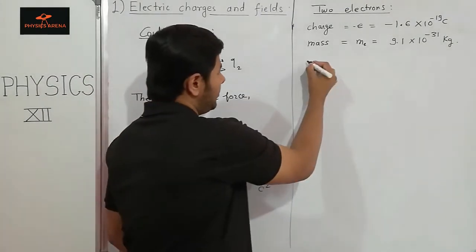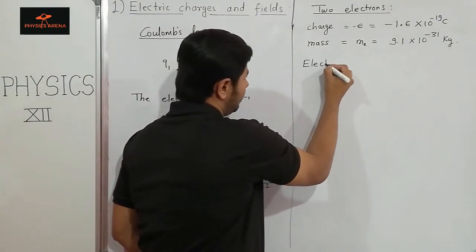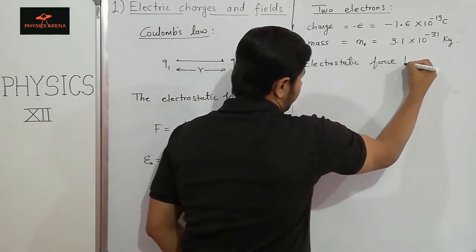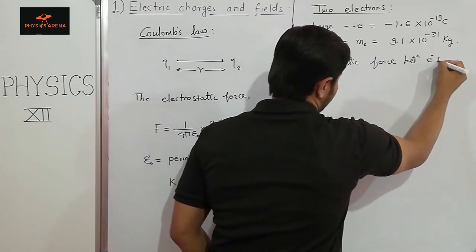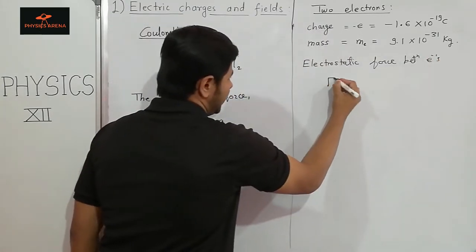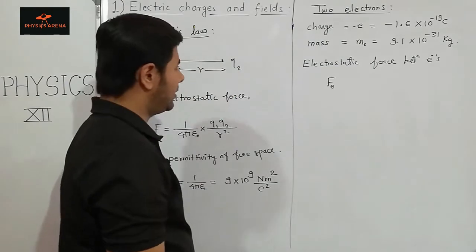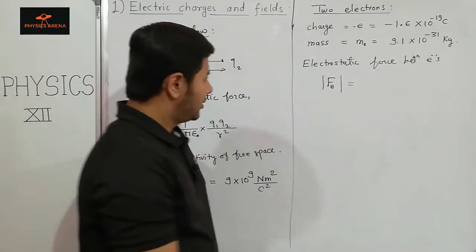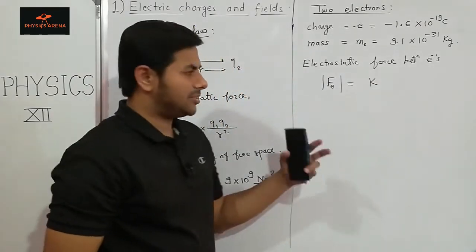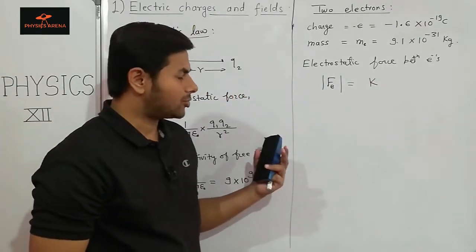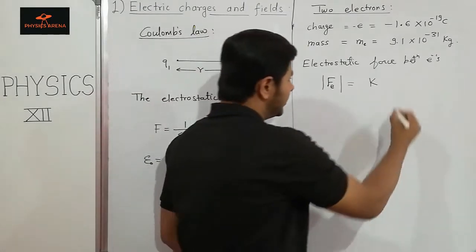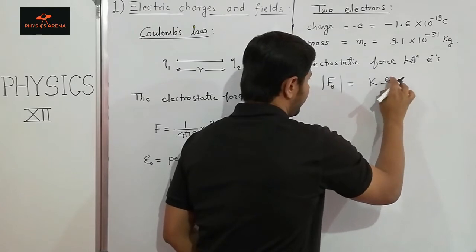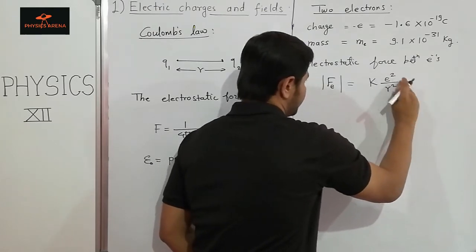Now the electrostatic force between electrons, let us denote it by Fe, and its magnitude will be equal to this K multiplied by charge on first electron into charge on second electron divided by R squared. So it is e times e, or e squared over R squared.